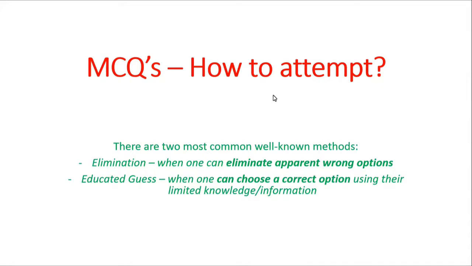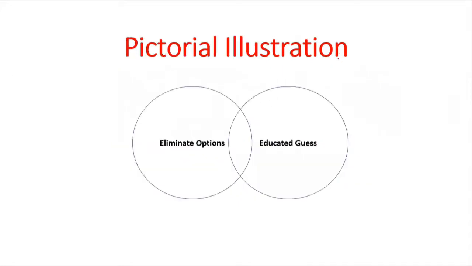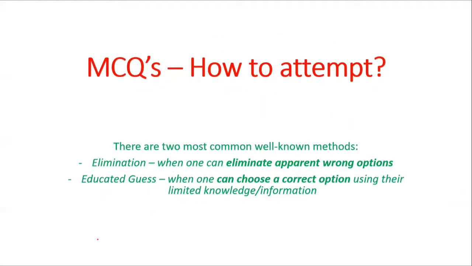In this video, we are going to look at how to solve or attempt multiple choice questions in your exam. So let's begin by looking at the two most common methods. One of them is called elimination, and the other one is known as educated guess.